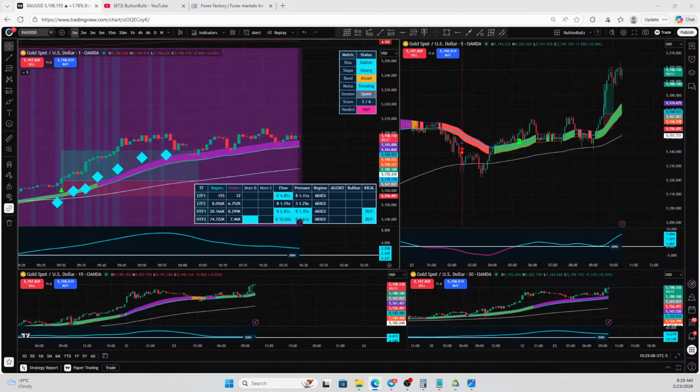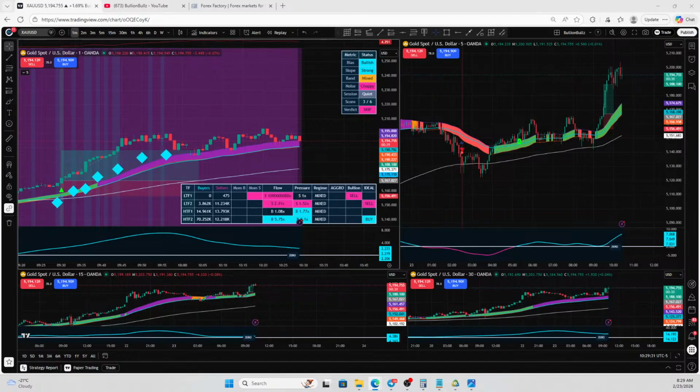And right now the band is mixed, which tells me we want to stay out of the market. And it is also very consistent with the regime here, which tells us that it's mixed. So we want to stay out. If you look at the 5 minute, the candles are in a range. So we've got to be very, very careful right now in the markets.